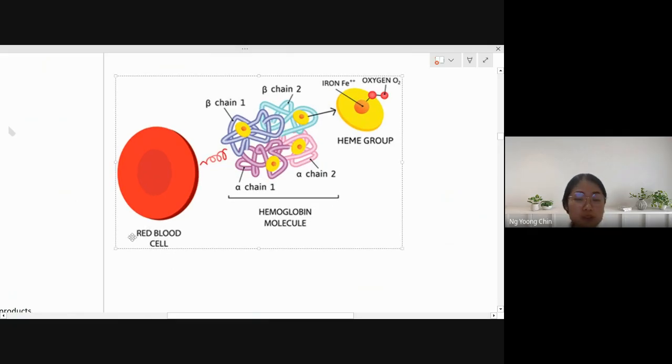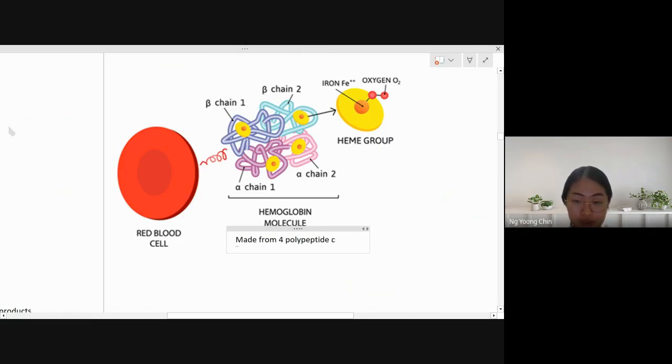So you can see this is a red blood cell. This red blood cell is made from hemoglobin. Hemoglobin means 血红素 in Mandarin. This hemoglobin is actually made from 4 polypeptide chains, which are 2 alpha helix and 2 beta pleat. 2 alpha and 2 beta.